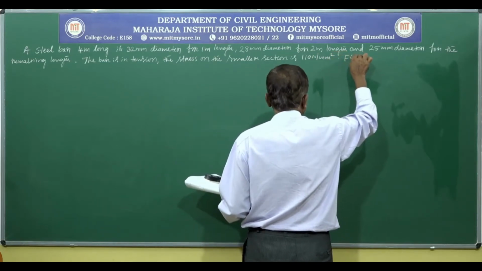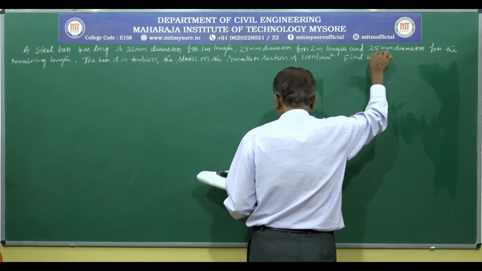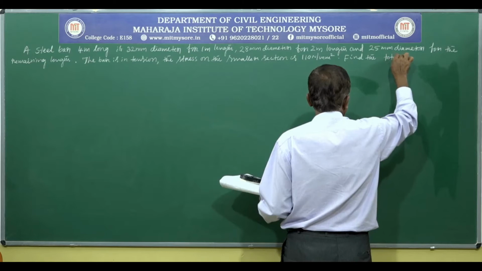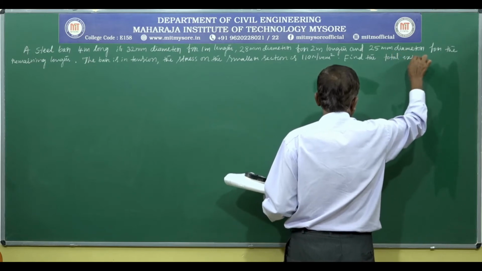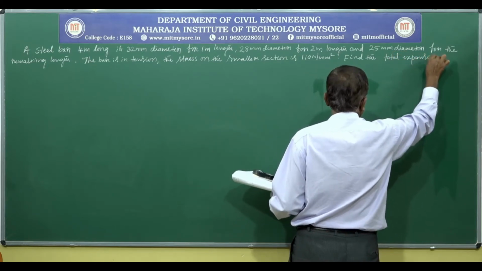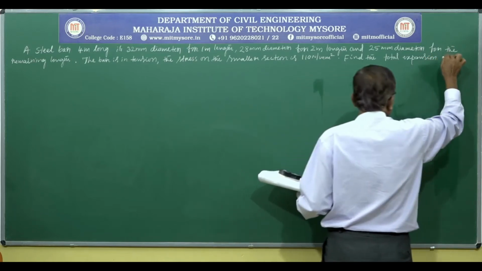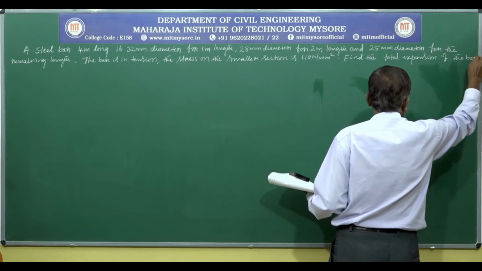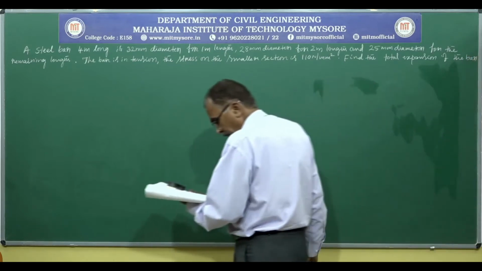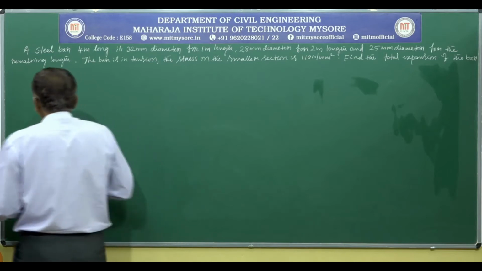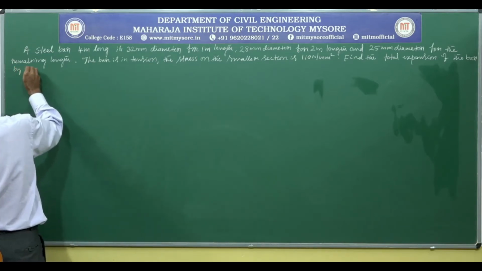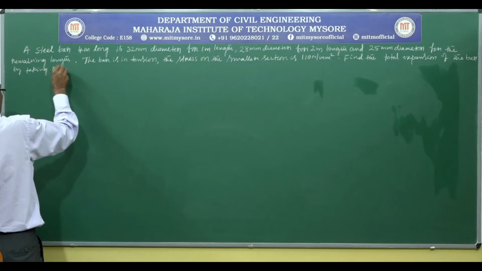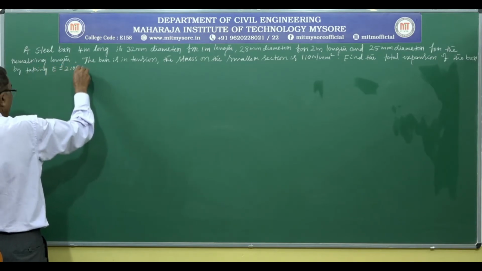Find the total expansion of the bar by taking Young's modulus E is equal to 210 GPa.